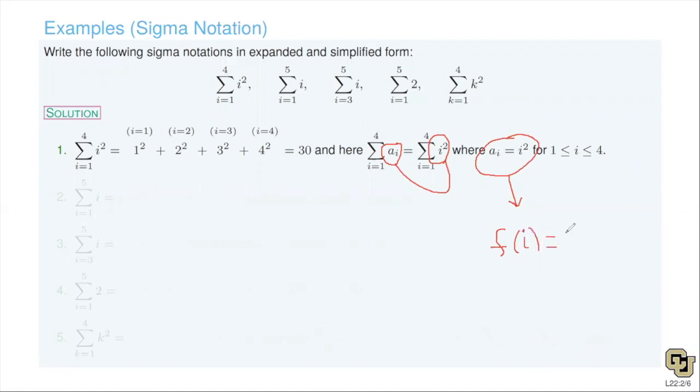And the reason they're writing it in a slightly different way, writing the input down here as a subscript instead of writing it as a function, is that there's a math reason for it. We typically only use function notation when the domain of the input involves real numbers, like the real line.